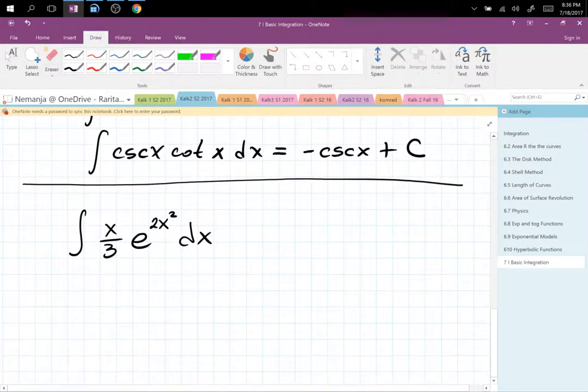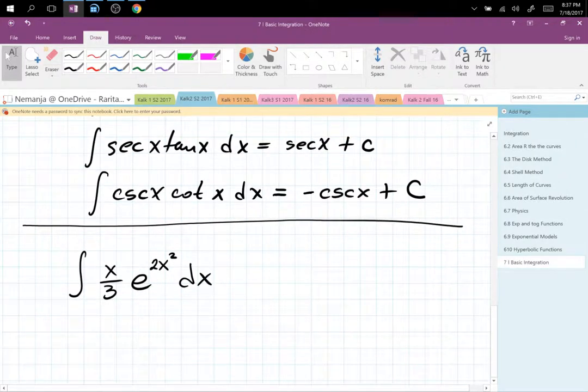It's just a problem that looks annoying. You immediately ask yourself, is this a basic integral? No. So do the u-sub. Go.